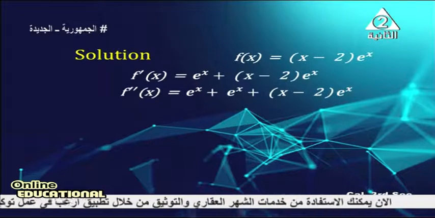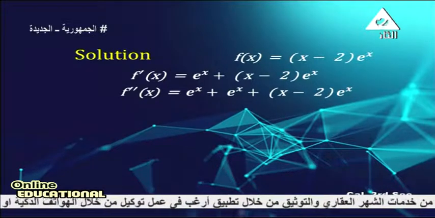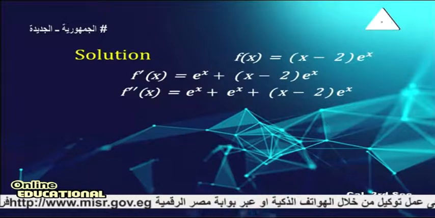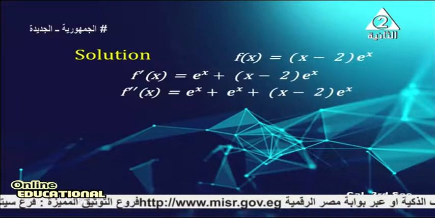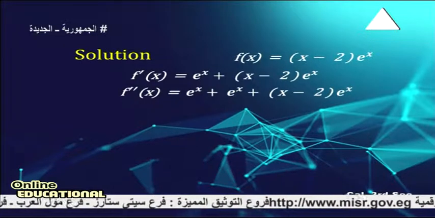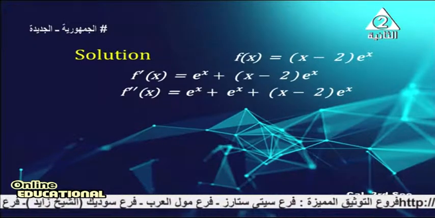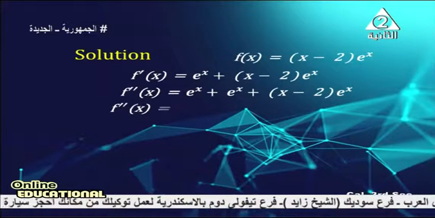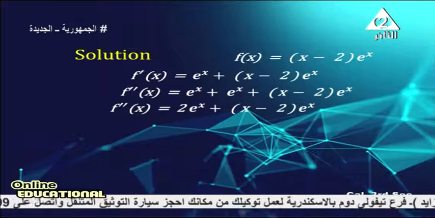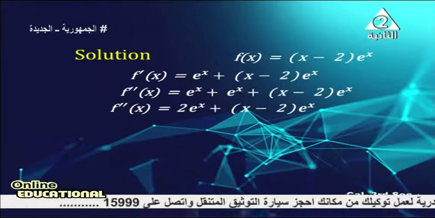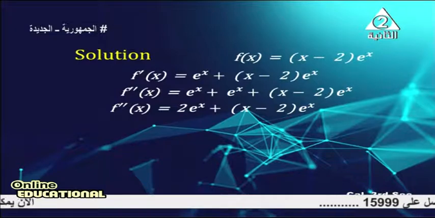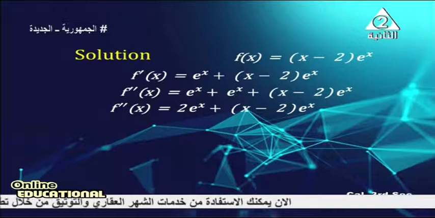The derivative of the bracket (x - 2) is 1, multiplied by e^x, plus between two brackets (x - 2) multiplied by the derivative of the function e^x, which equals e^x. Then f''(x) equals e^x + e^x, which equals 2e^x, plus (x - 2) multiplied by e^x.